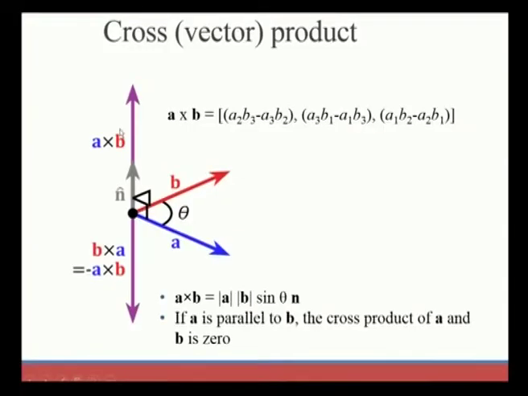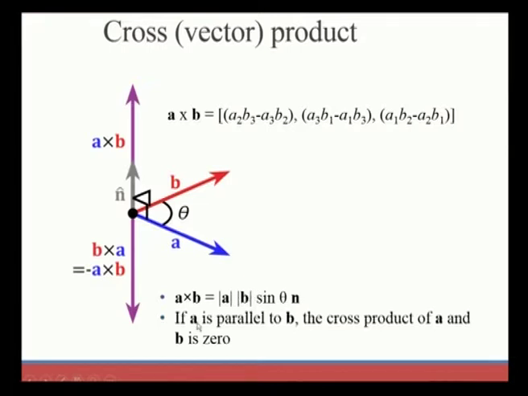If we consider two quantities A and B, the cross product can be represented in component form, like A2 B3 minus A3 B2, and so on. The definition says the cross product is the product AB sin theta, where theta is the angle of deviation between the two quantities.